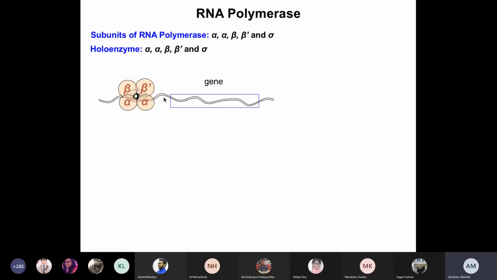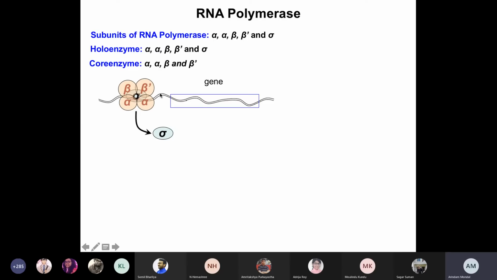Okay, so that's why what happens is, just after the initiation process, the sigma subunit gets kicked off the actual polymerase, which then contains only the core enzyme, which is composed of alpha, alpha, beta, beta prime. That means the RNA polymerase doesn't need sigma.